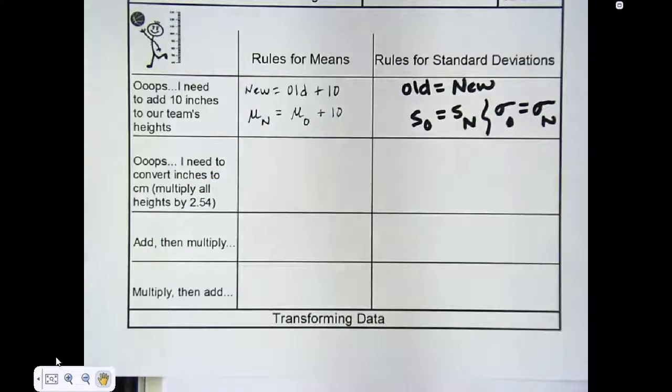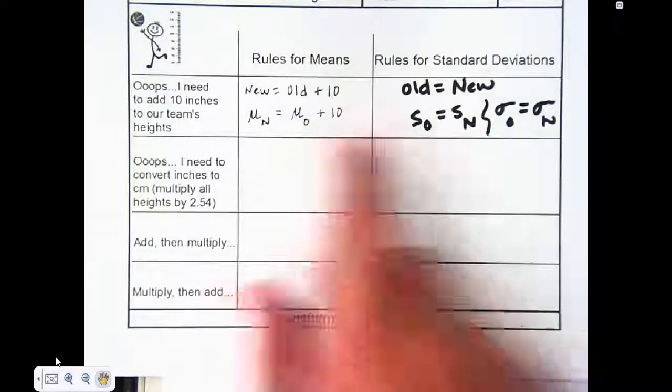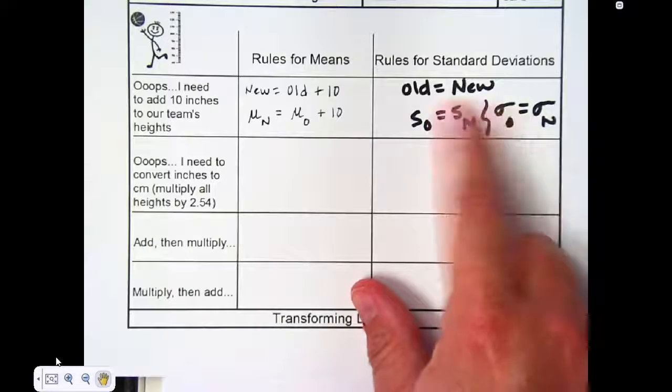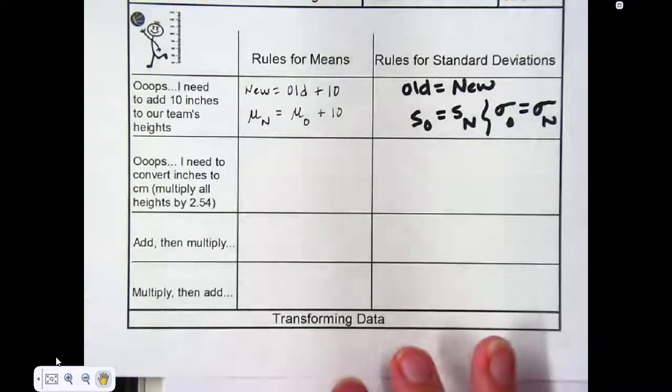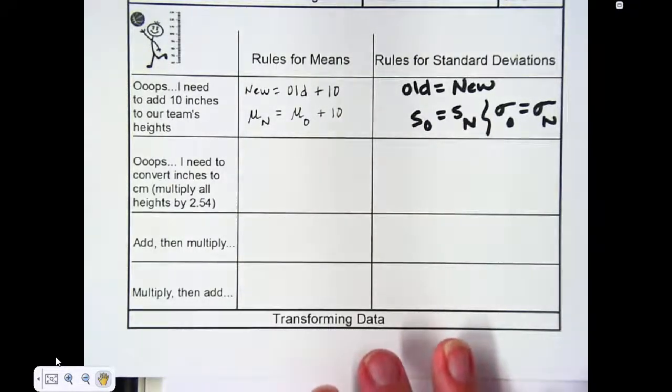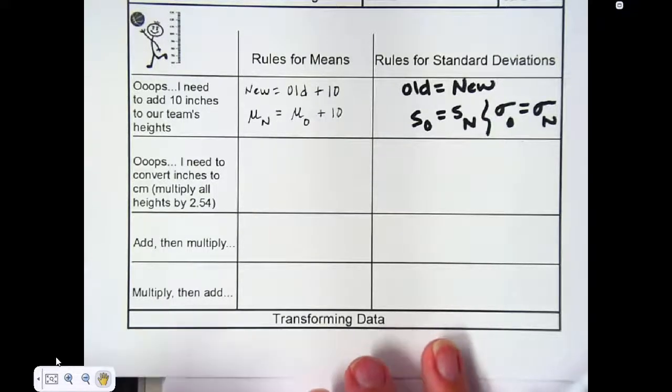Okay, so you have the rules for the means. If I add or subtract something, I'm going to have the old plus 10. When I'm adding or subtracting, the standard deviation wouldn't change. Now if I need to multiply, so it said, oops, I need to convert to centimeters, I'm going to multiply all by 2.54.